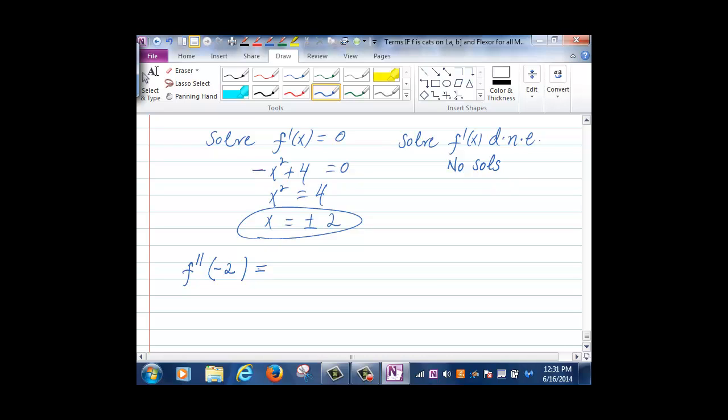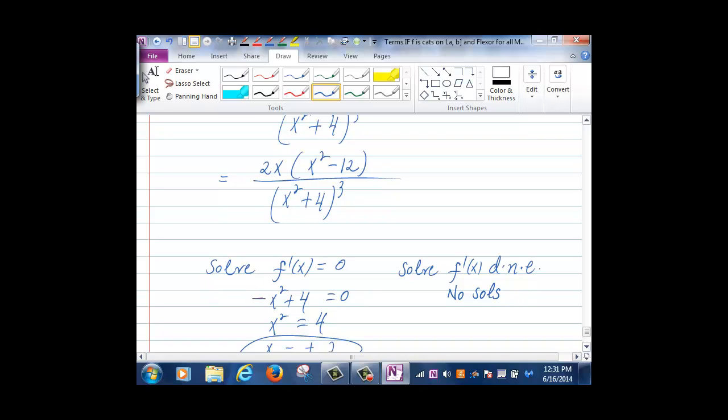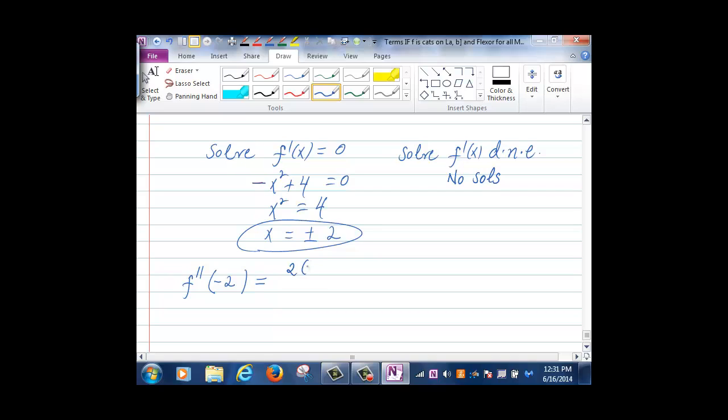Where is the second derivative? Here I have the second derivative, right? If you plug in, is it clear that the denominator is always positive? And if I plug in -2 for x, what do I get? I get 2 times -2 times -2 squared minus 12, and then I have -2 squared plus 4 here, whole cubed.